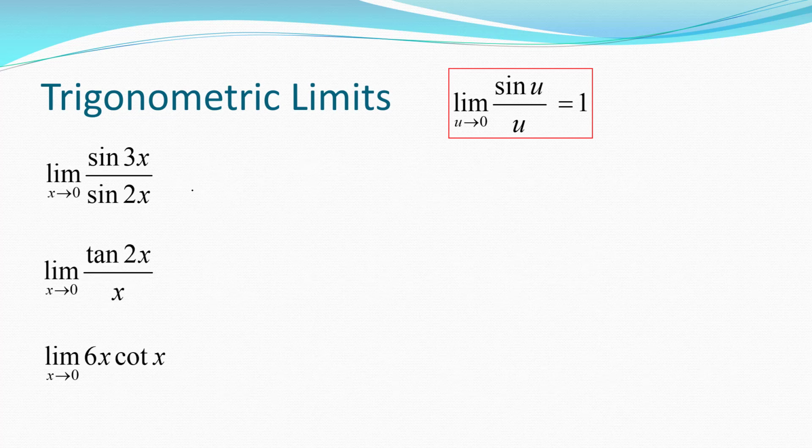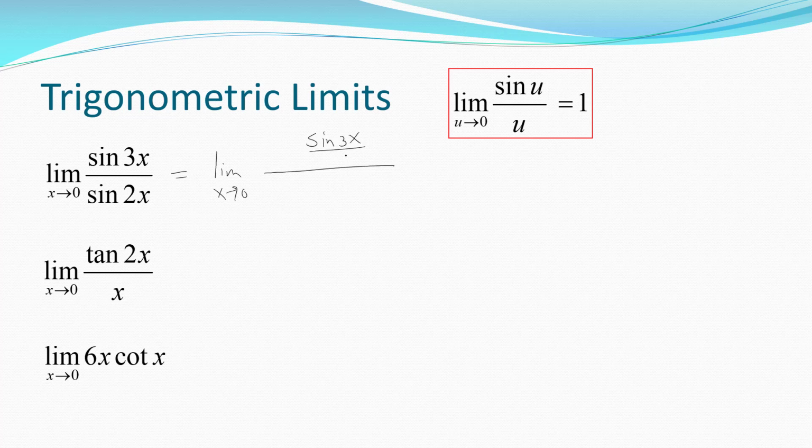Let's try some more difficult problems now. Sometimes you need to use identities, or you have to put in terms that are missing. So for example, here I don't have a division of the angles, but I can fix that. I can write this as the limit as x approaches 0. I'll complicate the expression, not simplify, by in the numerator and in the denominator, I choose to divide by x.